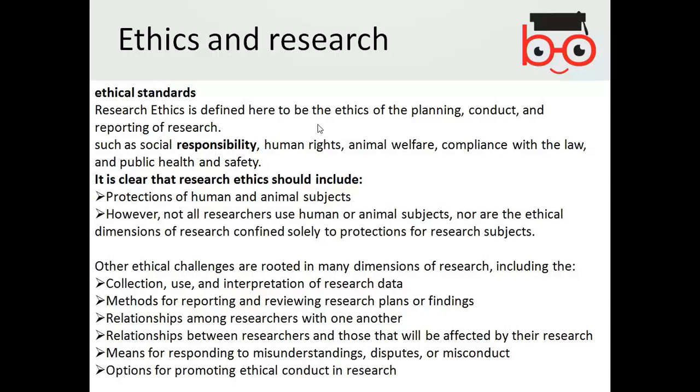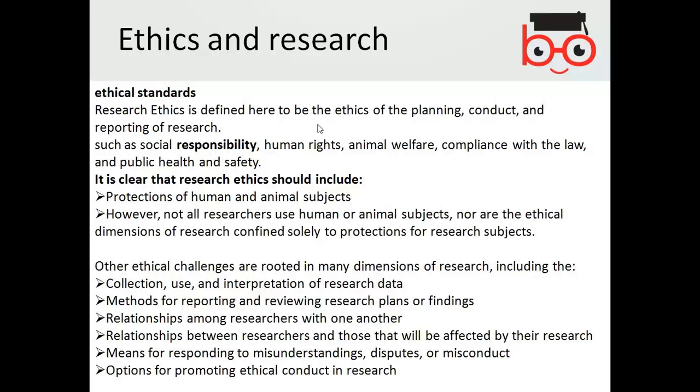Other ethical challenges are rooted in many dimensions of research, which include collection, use, and interpretation of research data. You can only collect, use, or interpret data within certain boundaries and allowances. For example, you cannot research sensitive data, such as in military or atomic energy or other sensitive areas.